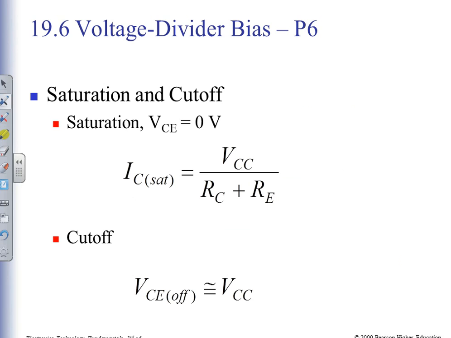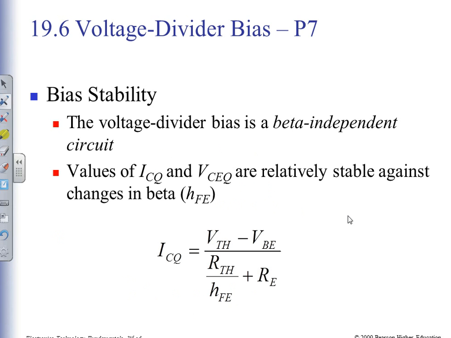Current, saturation, and cutoff. So I can calculate those things for my voltage divider biasing. In cutoff, VCC is the voltage across the collector to emitter. In saturation, I'm taking VCC and dividing it by the total resistance, RC plus RE. Bias stability: voltage divider bias is independent of beta.